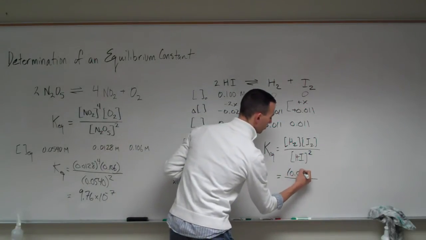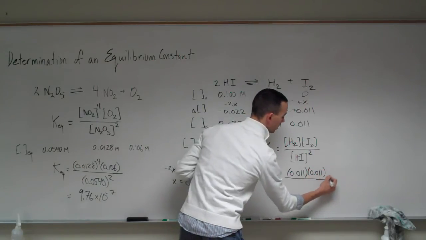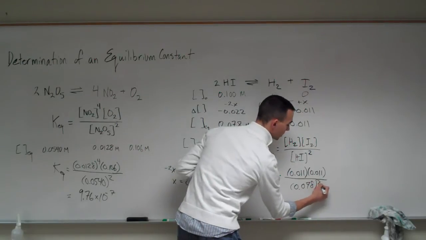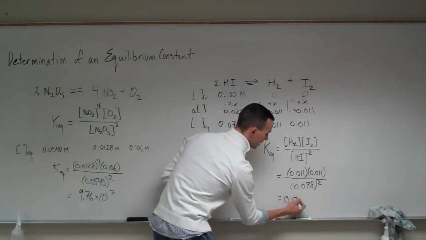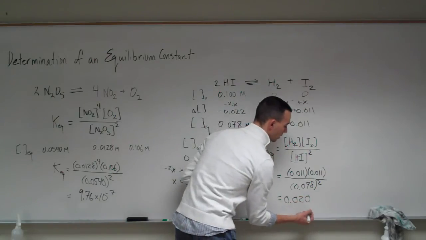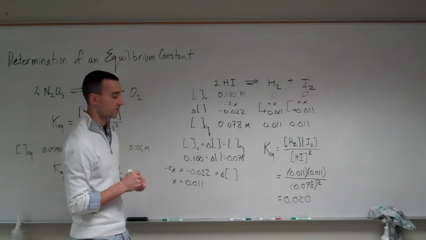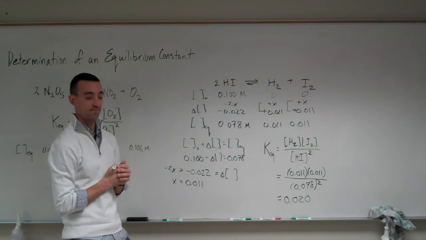So now we would take our 0.011 times 0.011 divided by our 0.078, which needs to be squared, and we would get 0.020 when it's rounded to 2 significant figures. So that's the equilibrium constant of the hydrogen iodide.